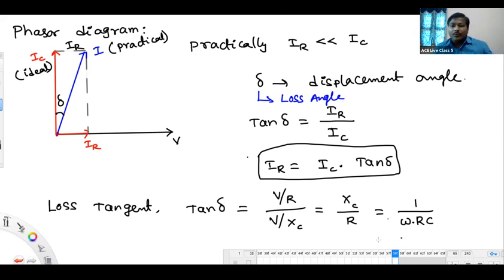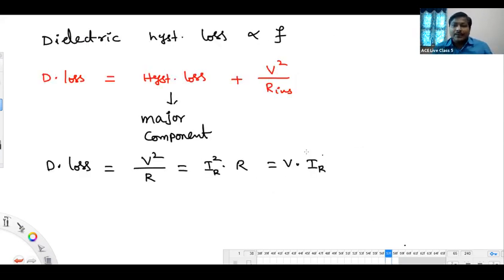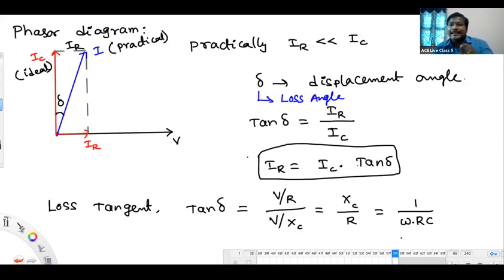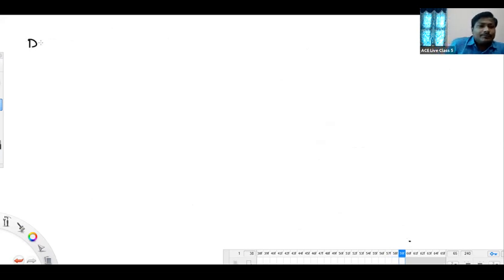Let's move on to the dielectric loss formula. I take V into IR, and in place of IR I substitute IC into tan delta. So it will be V into IC tan delta.